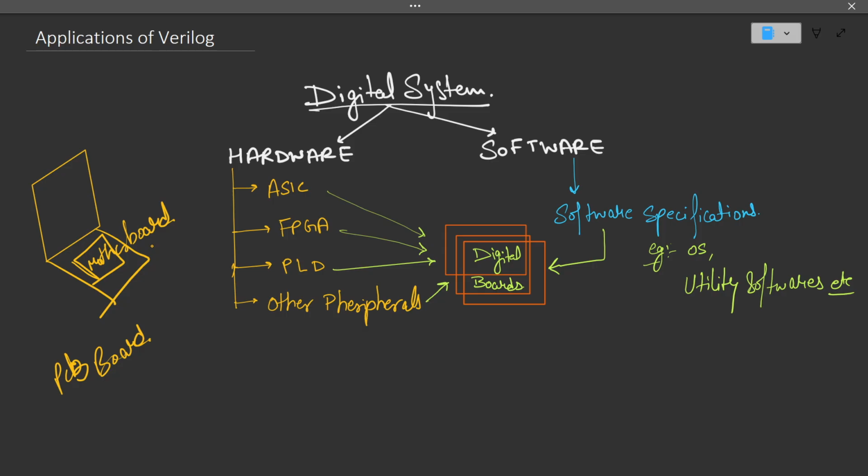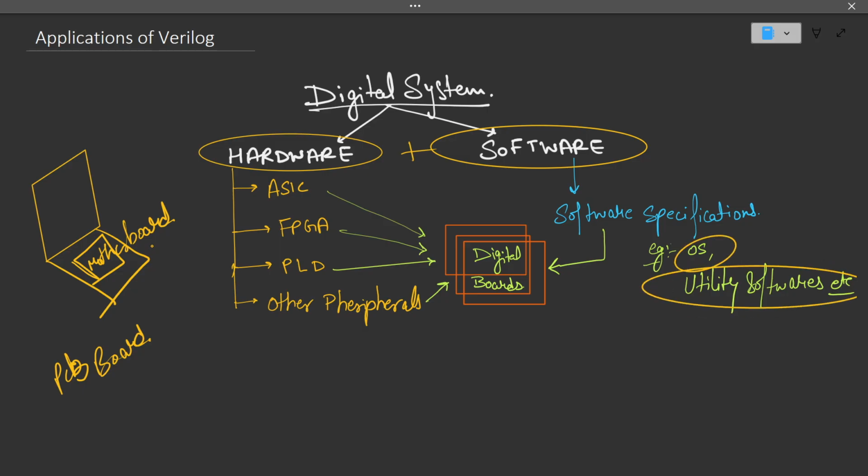This laptop works based on a combination of two things, that is hardware and software. In software, you design the software, you have the OS, you have the utility software, whatever the software is responsible to make an environment run for you.